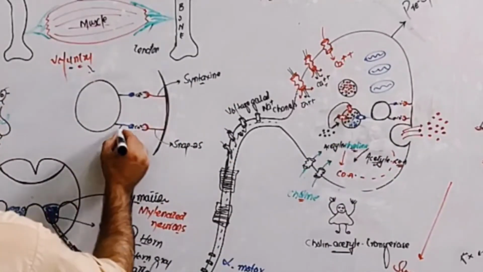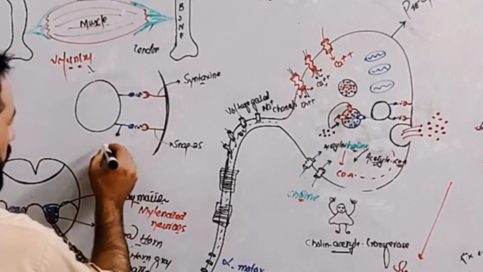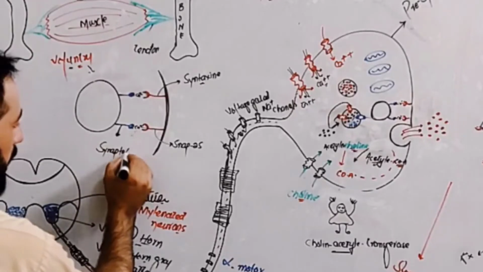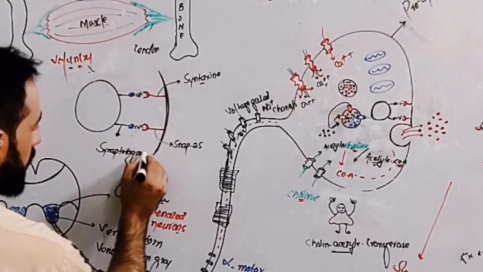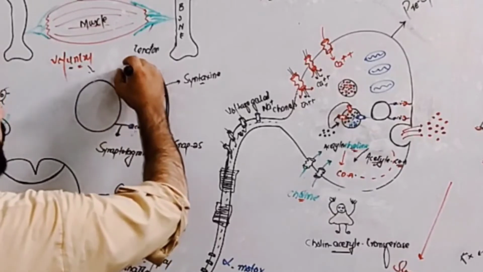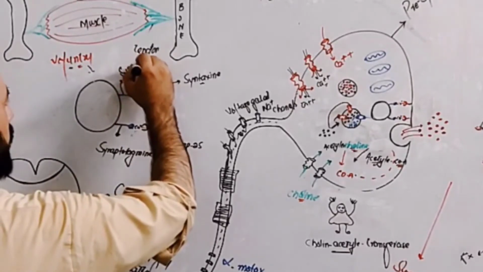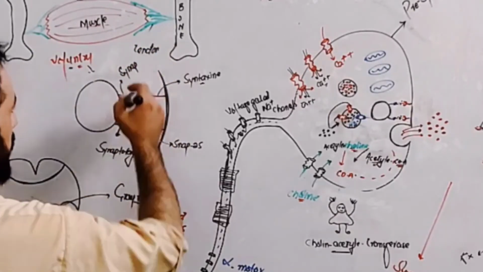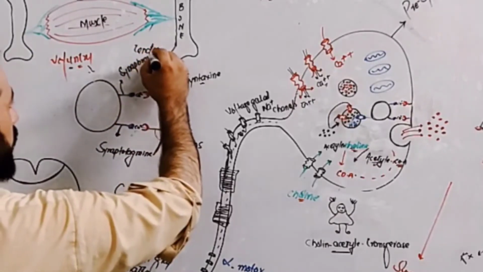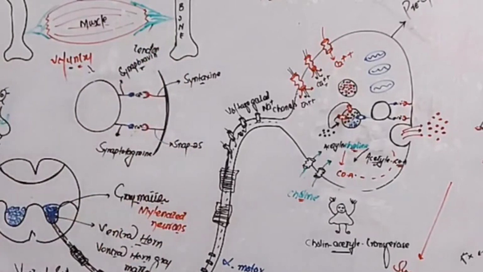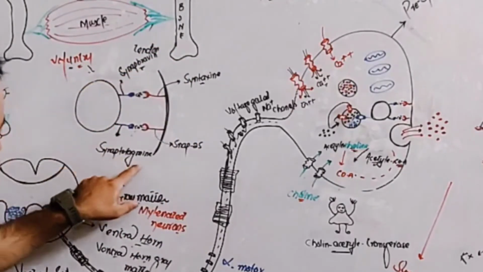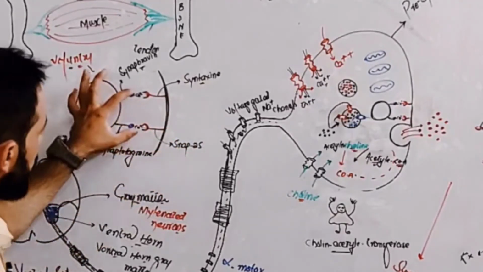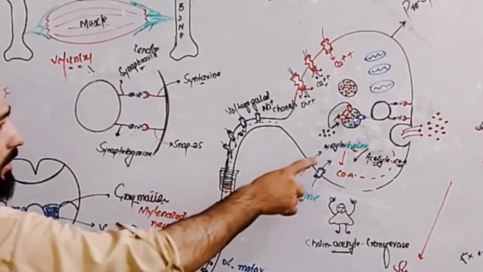And these proteins here are synaptotagmin, and this one is synaptobrevin. So synaptobrevin and synaptotagmin are present on the membrane of the vesicle, and syntaxin and SNAP-25 are present on the presynaptic membrane.